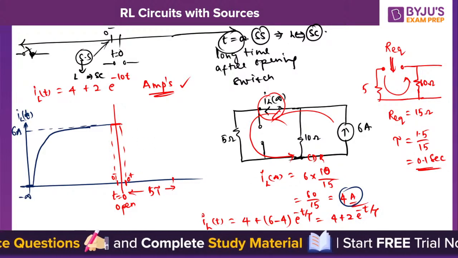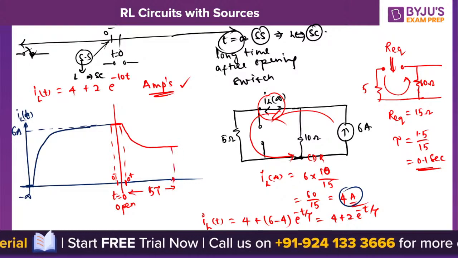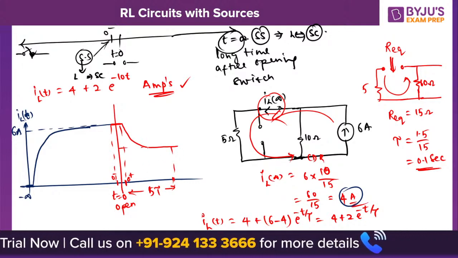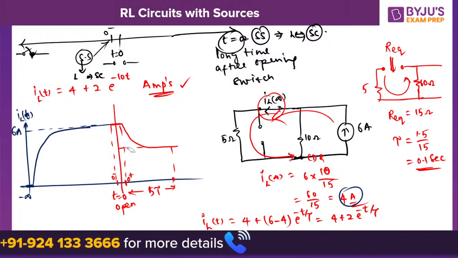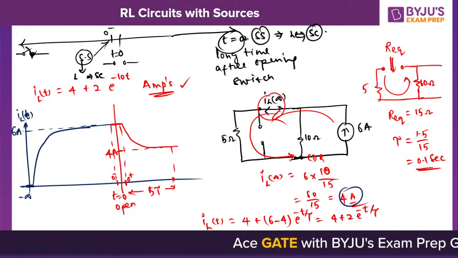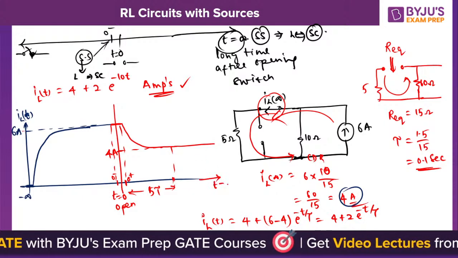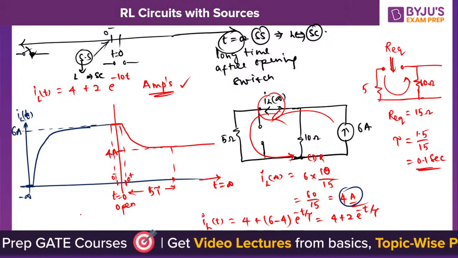The final value is 4 amperes, and this is 6 amperes, and then it continues as t tends to infinity. This is how the graph looks.